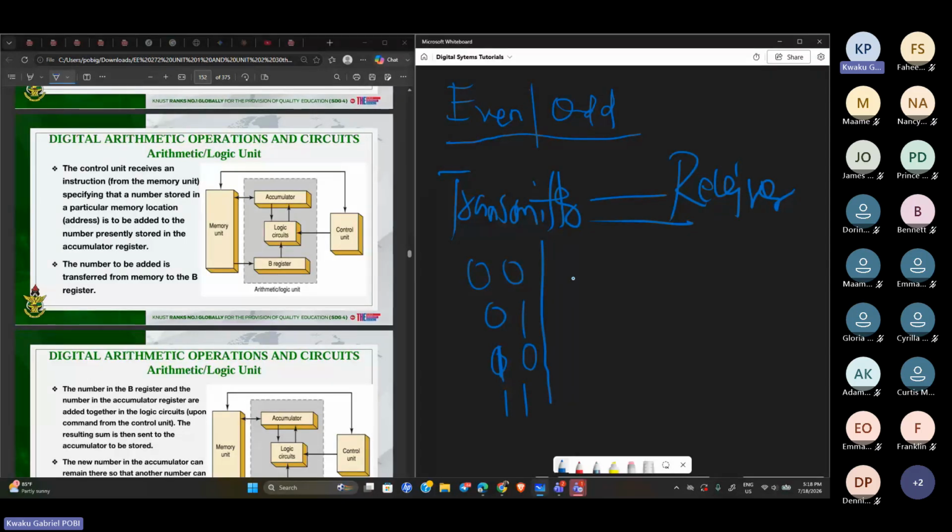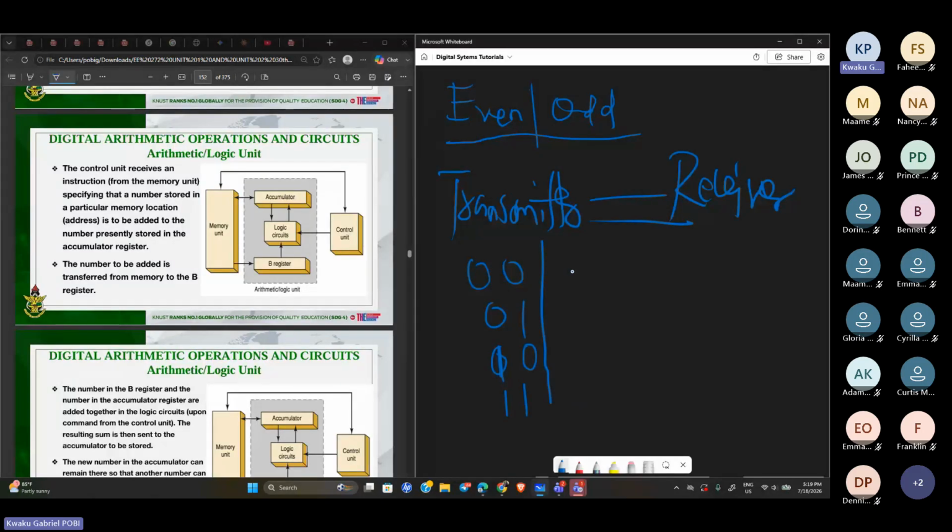And in that case, since you want even parity, what you would require is that you should have an even number of ones in your signal. So if the number of ones is odd, then you append a 1 to it. If the number of ones is even, then you append a 0.